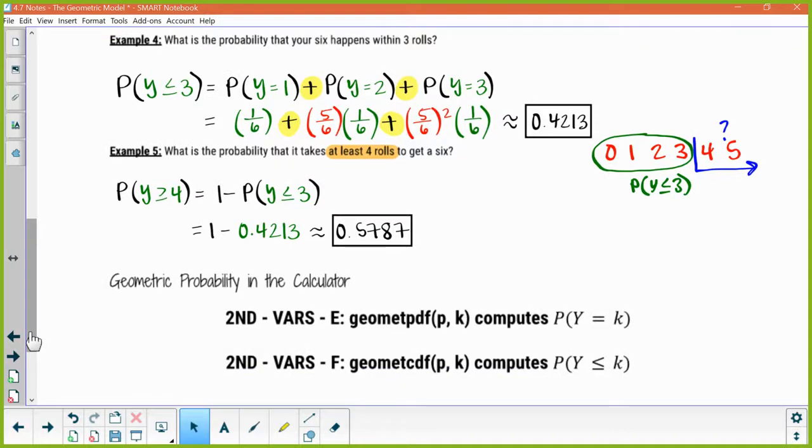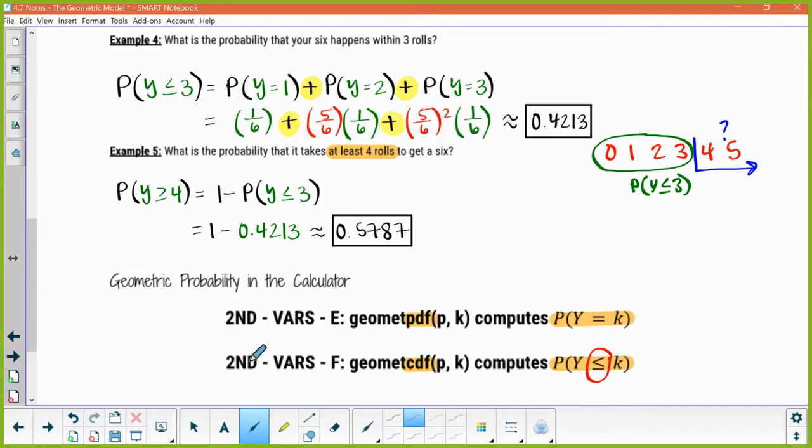So in our calculator, these are going to also have shortcuts like they did with our binomial type questions. For geometpdf, we are looking at the probability of y is equal to k. For geometcdf, we are looking at a cumulative. Again, your calculator only computes less than or equal to. So you'll have to be careful and convert everything so that you are looking for less than or equal to values.